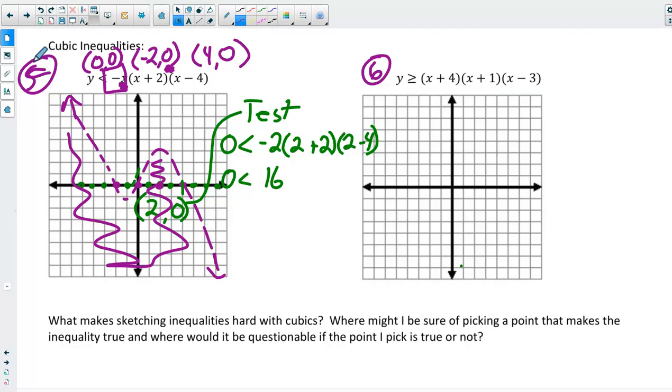What's that? So you do have three x-intercepts. Just flipping signs there.